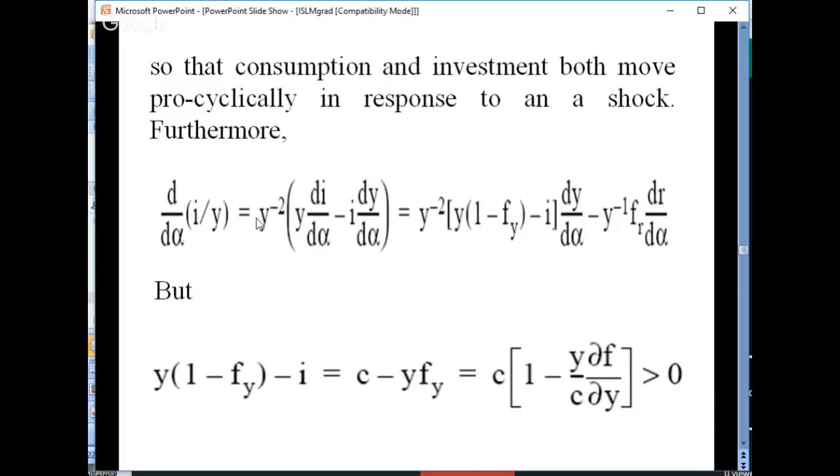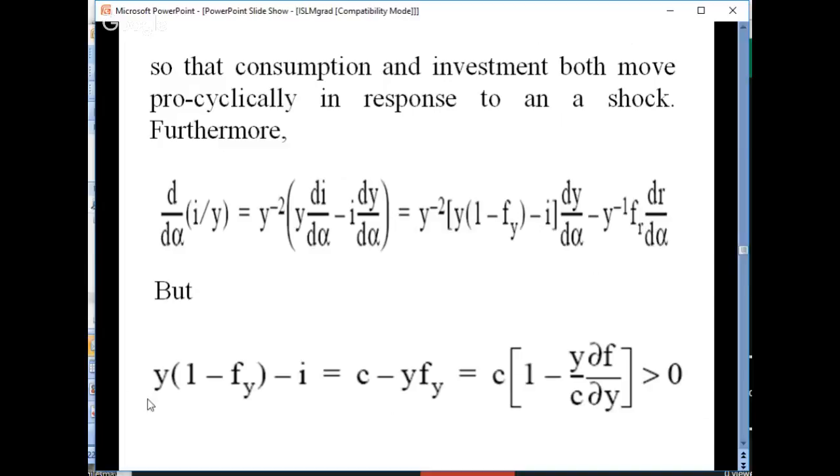Basically, just doing the math, I get y to the negative 2 times y di d alpha minus I dy d alpha, which I can rewrite as follows: y to the negative 2 times y times 1 minus f of y, plug in, minus I dy d alpha, minus y to the negative 1 times f of r dr d alpha.